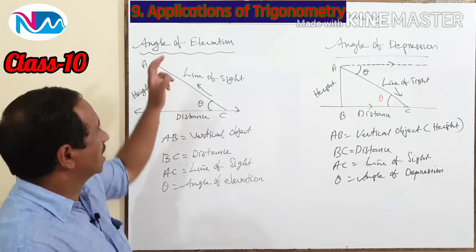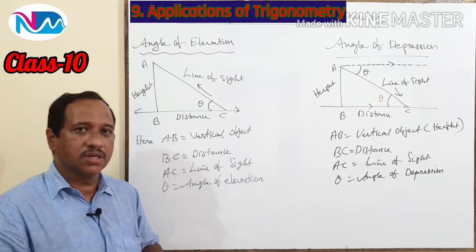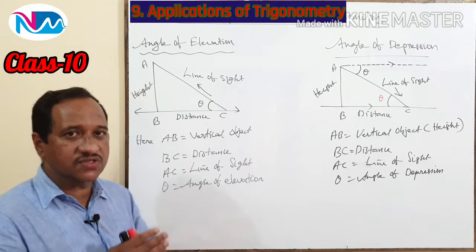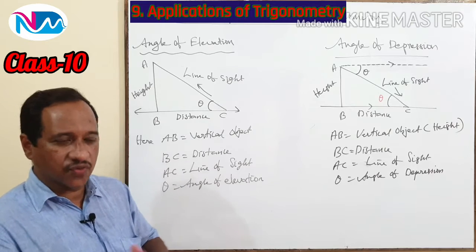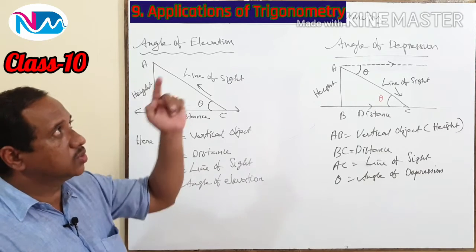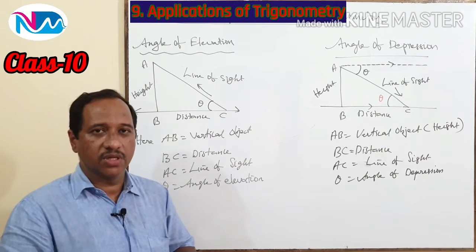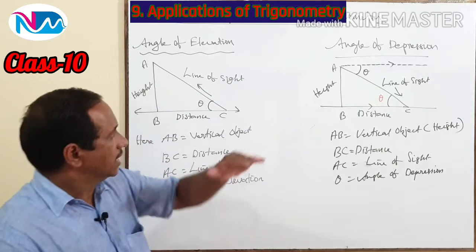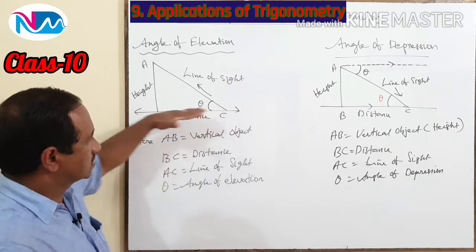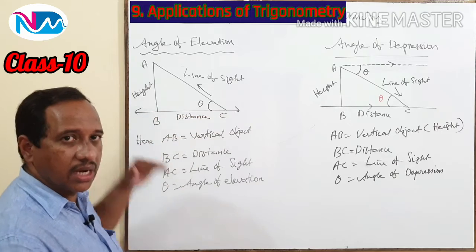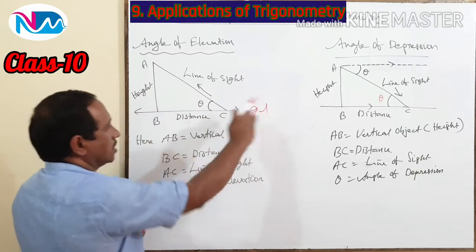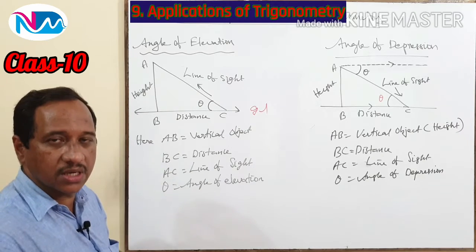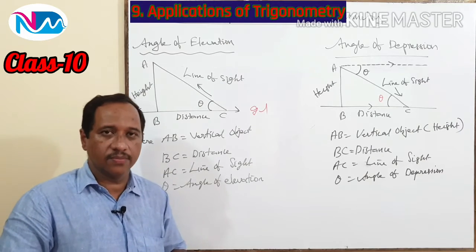The first one is angle of elevation. The angle of elevation has a role whenever you observe an object from a lower level to higher level. That means, in the figure, this line represents the horizontal ground level.